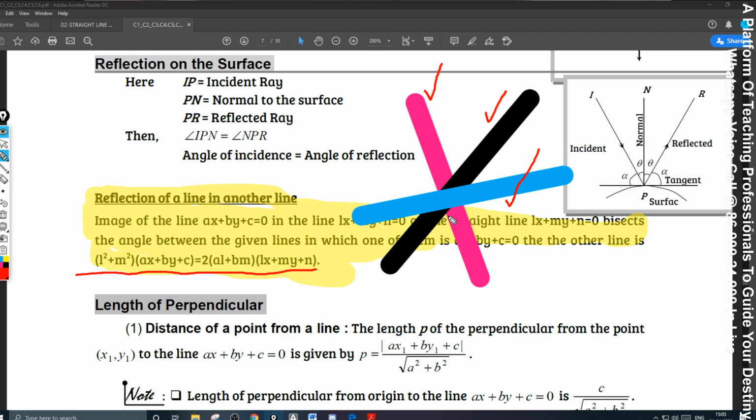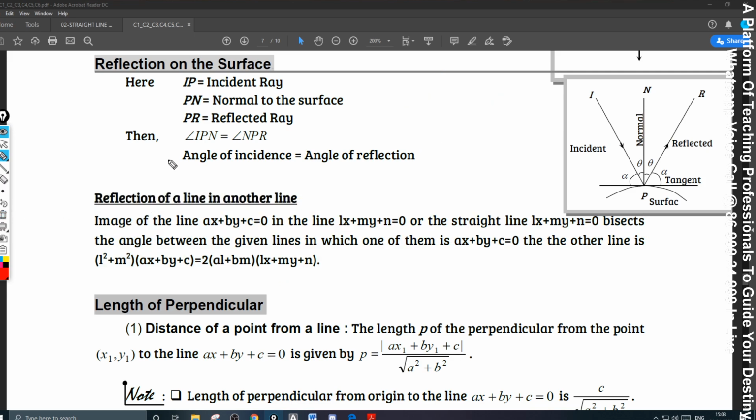That is why simply learning the formula, sometimes if it is inevitable we have to do that, but whenever the derivation part is possible, better you learn the derivation also. So this part I will be discussing in the set of concurrent lines, because these are the three lines here. We'll be doing that in the part of concurrent lines or family of lines.